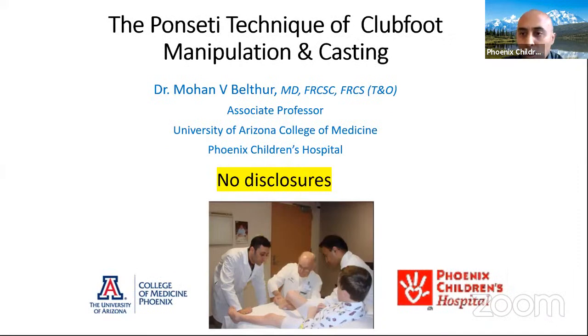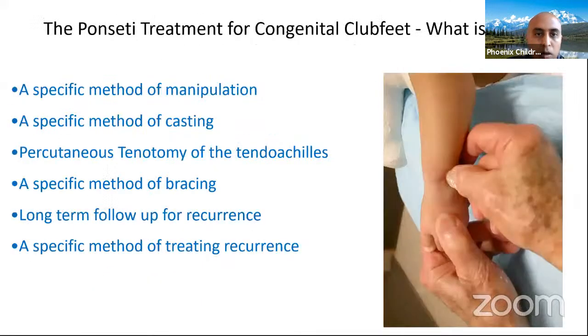So, as you all know, the Ponseti method of manipulation and casting is a very specific regimented method, which mainly involves two parts. The first part is called casting, manipulation and casting, where the physician or the healthcare provider does all the work.